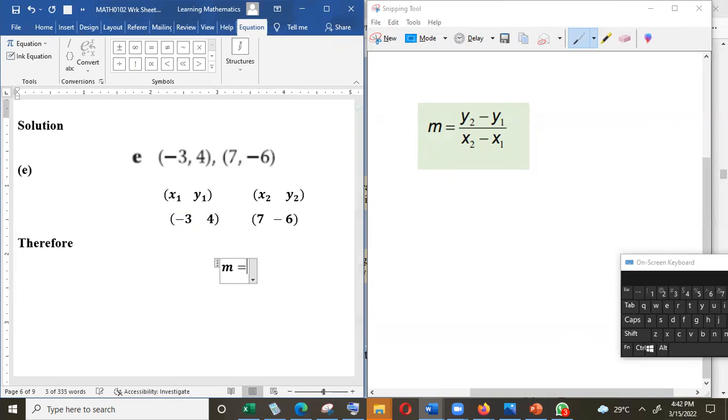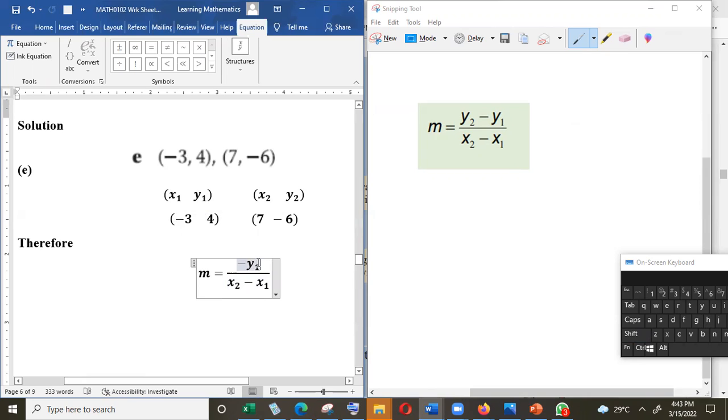The formula itself comes with a negative sign.